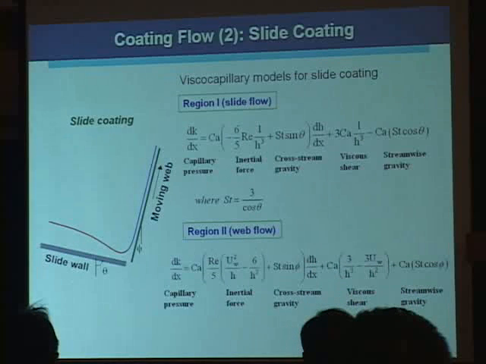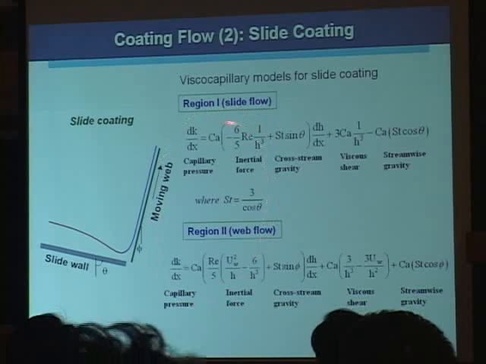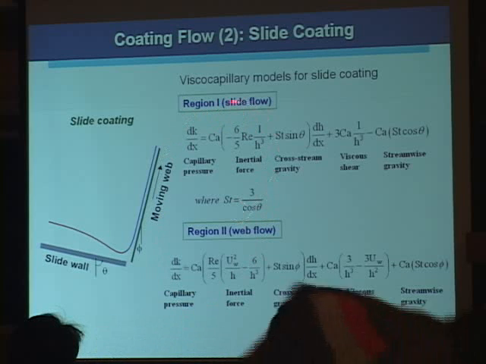As a second case, I will briefly introduce slide coating flow. This is a simplified slide coating geometry. As you saw in the previous case, the one-dimensional physical capillary models have been derived from the two-dimensional Navier-Stokes equations mentioned here.